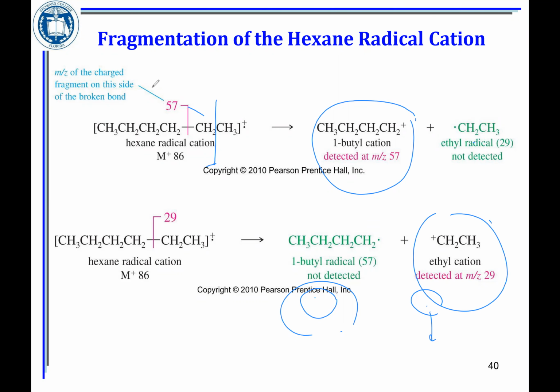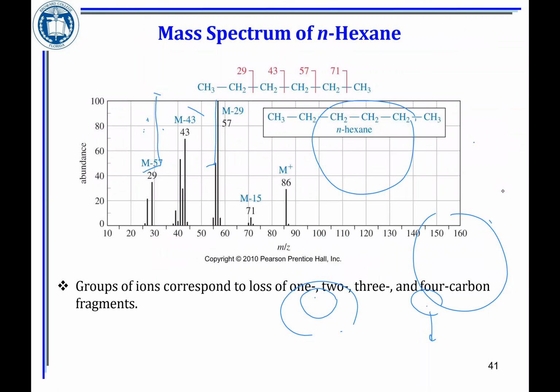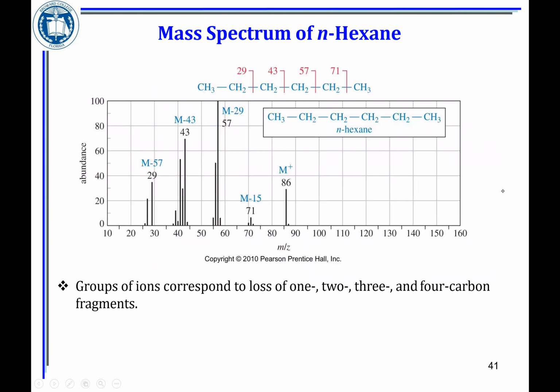If you have a cleavage between carbon number 3 and 4, of course, you would have 43 that is going to make it to the detector. So you could have a plus charge on this side or on the right side. Every one of them can make it to the detector.